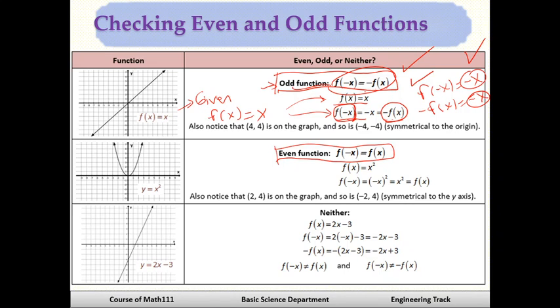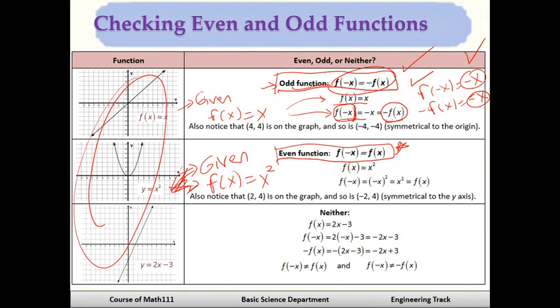Now for the even function, look at the graph. We have to check this one. The function given to us first is x squared. The graph is generally not given here; the graph is just telling you the symmetry, so we don't need this one.